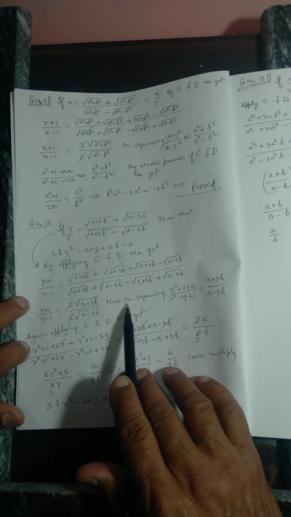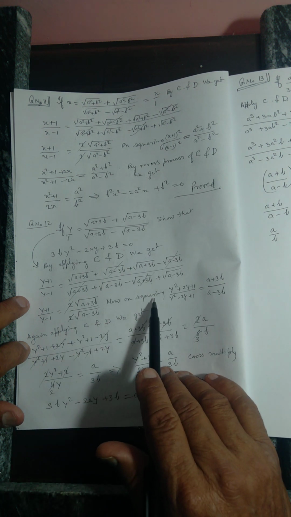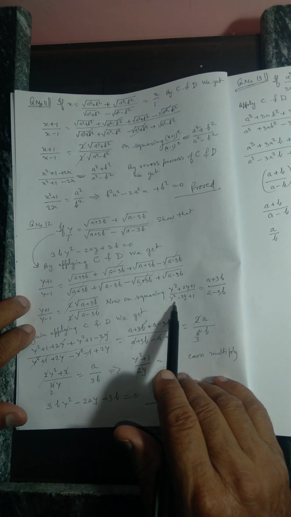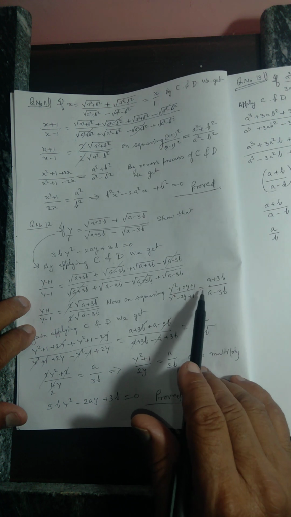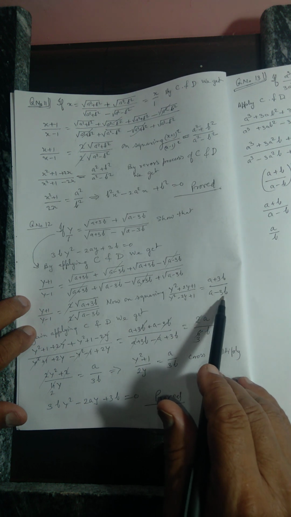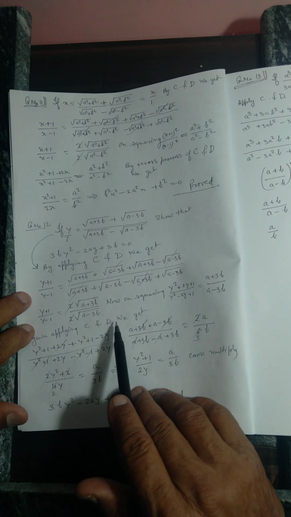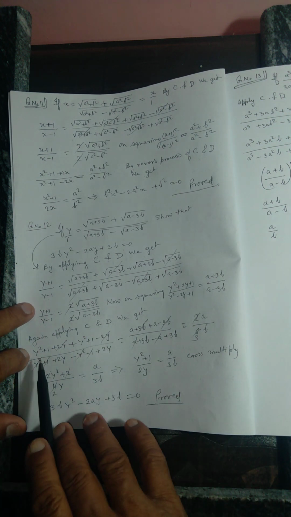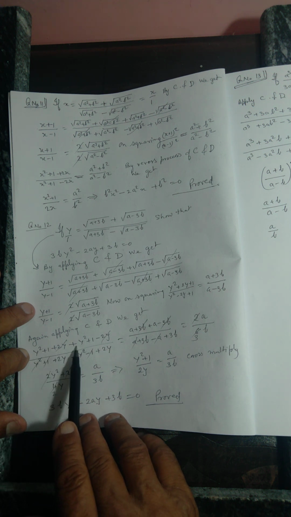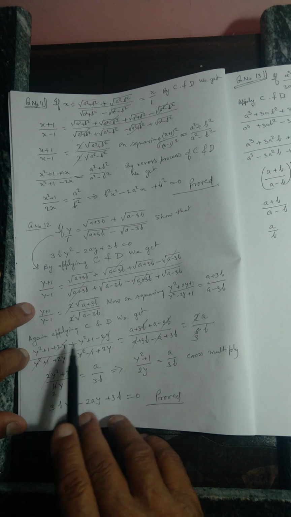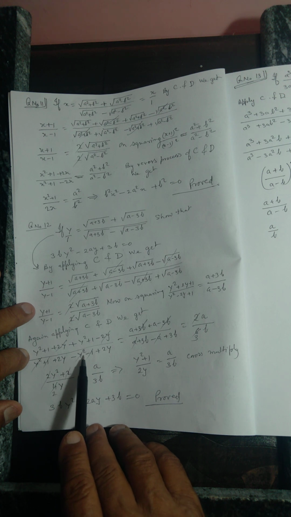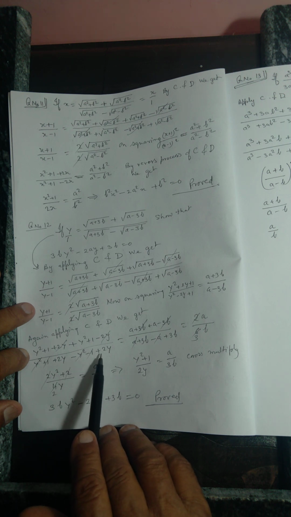Now squaring both sides, we cancel 2 and 2. So on squaring we will get y square plus 2y plus 1 upon y square minus 2y plus 1 equal to a plus 3b upon a minus 3b. Again applying componendo and dividendo, we get y square plus 1 plus 2y plus y square plus 1 minus 2y upon y square plus 1 plus 2y minus y square minus 1 plus 2y.